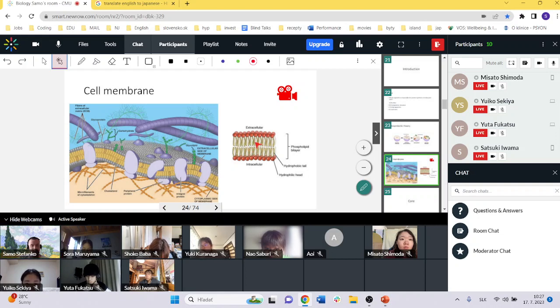Okay, so very well. Heads are polar, tails are non-polar. The usual structure is the phospholipid bilayer, which basically means that we have two layers. Nevertheless, we mentioned an example where some living organisms can also have a phospholipid monolayer.